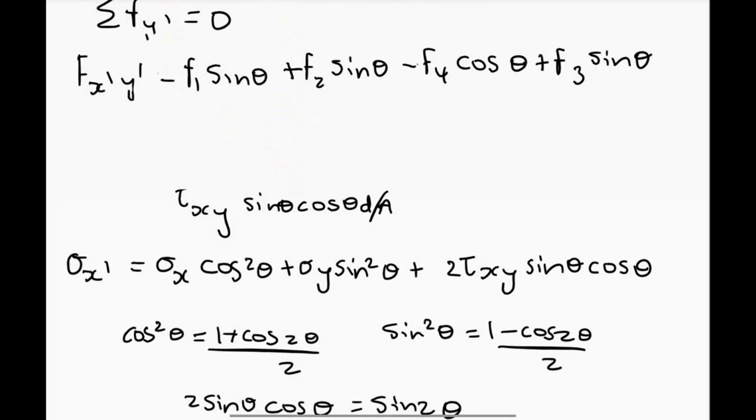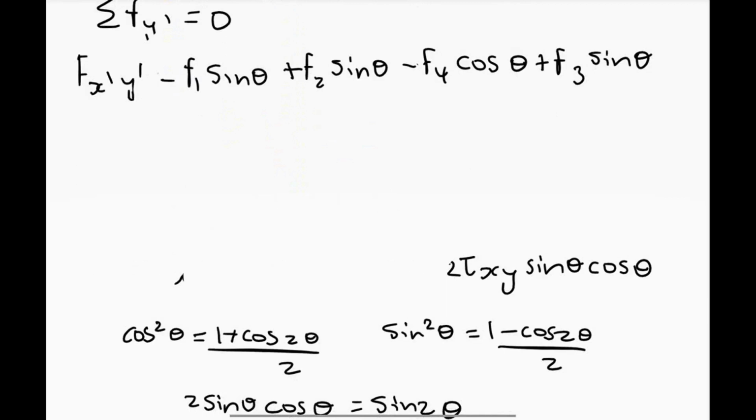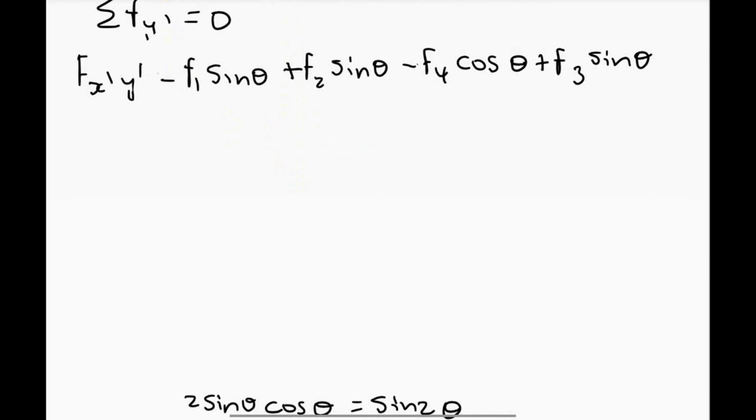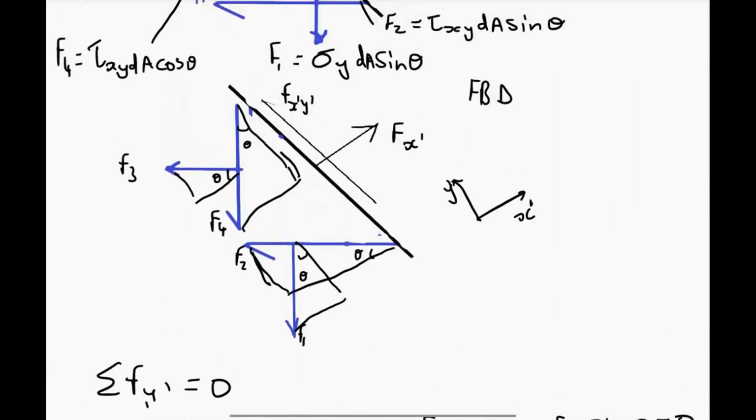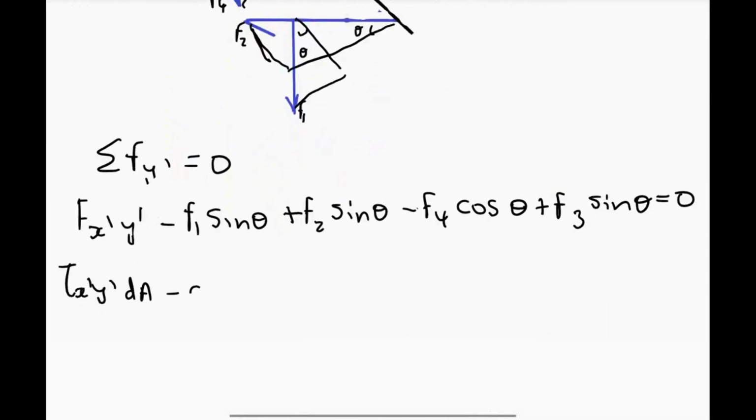Now what I'll do is substitute the values, so this should add up to 0. My Fx prime y prime is the same as tau x prime y prime dA. My F1 was sigma y dA, so sigma y dA sine squared theta.